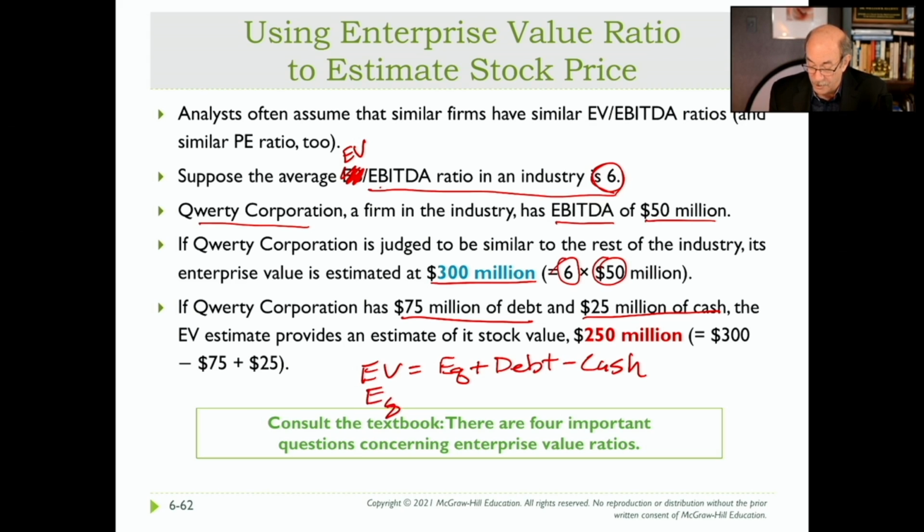So it's equity equals EV minus debt plus cash. All right. So we start with the 300 million, we subtract off the 75 million, and we add back the 25 million, and we end up with 250 million for the equity value of QWERTY Corporation.